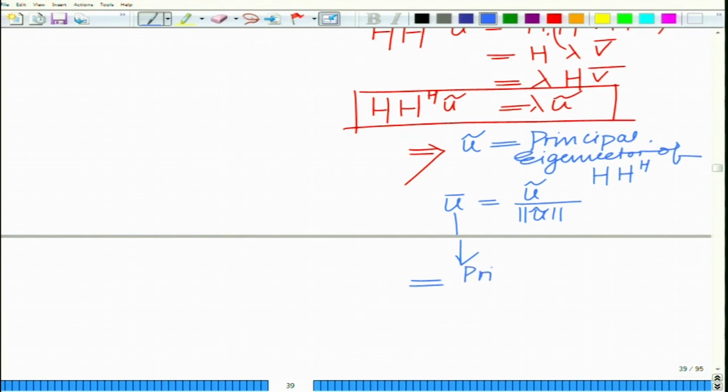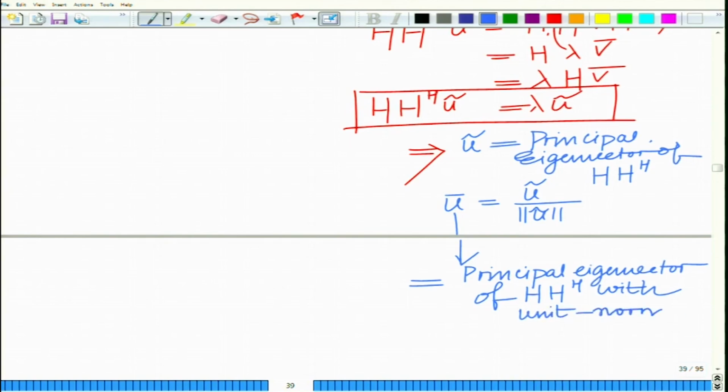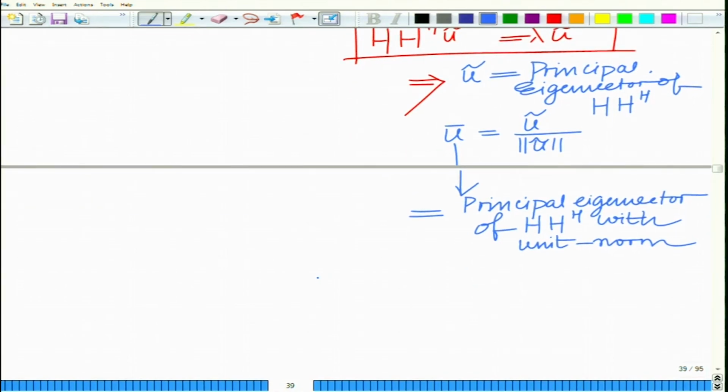So this is the principal eigenvector of H Hermitian with unit norm. Great. And therefore, that gives us both the transmit and receive beamformers, and we have very interesting expressions for them.